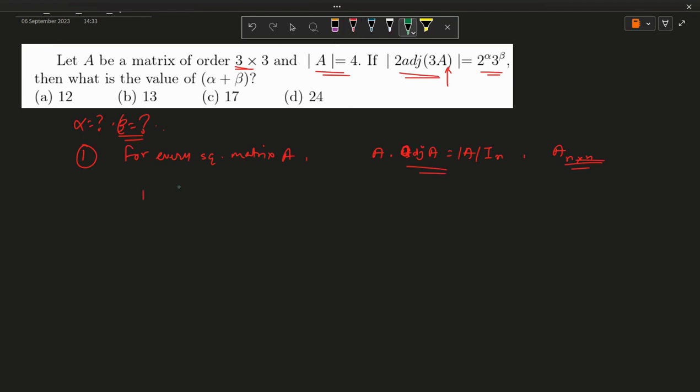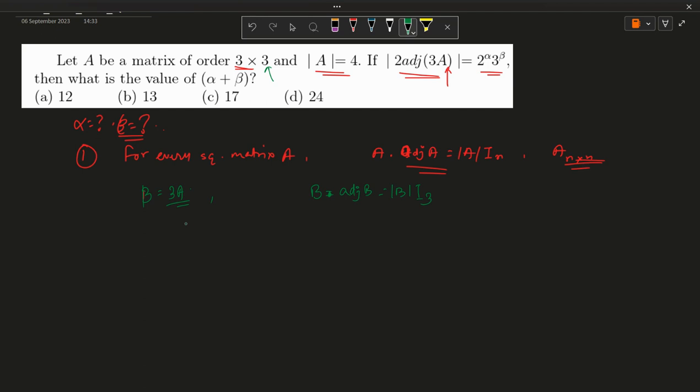So we consider B matrix as 3A, A with a scalar multiplication of 3. And we use this formula. So B into adjoint of B equals determinant of B into I3, because A and B are all of order 3 by 3. Okay, so it is done.